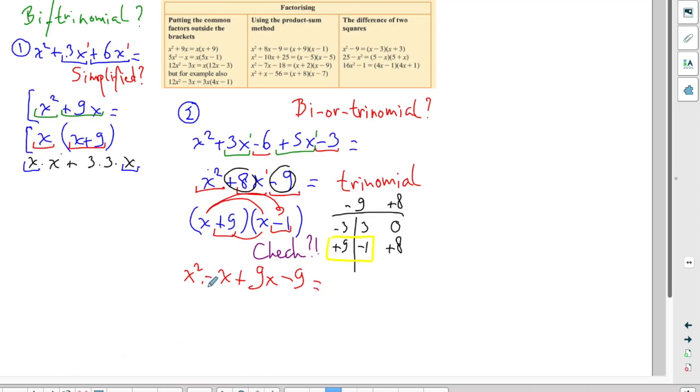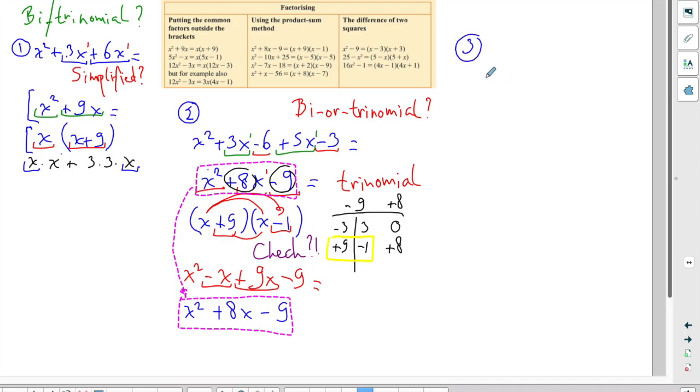Simplify: minus x plus 9x makes x squared plus 8x minus 9. And this is exactly the same as the expression here above. So it's correct.